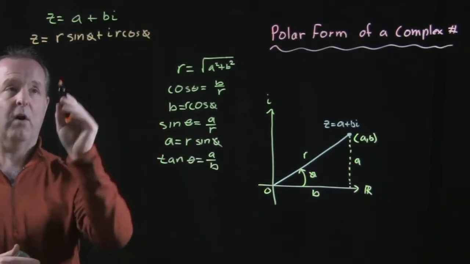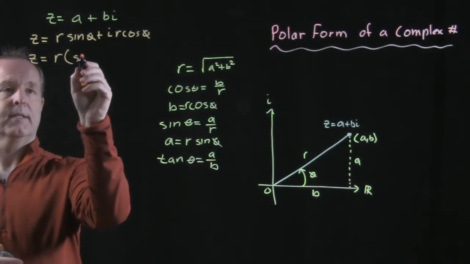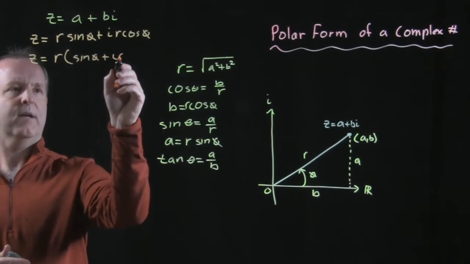From there, I have r in both those terms, so let's just factor that r out. So it's r times the sine of theta plus i cosine of theta.